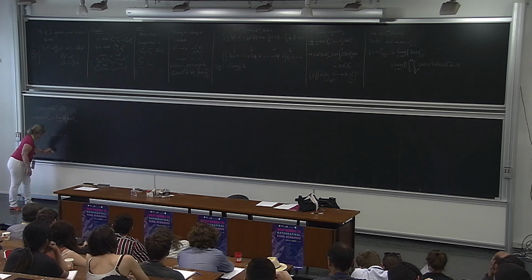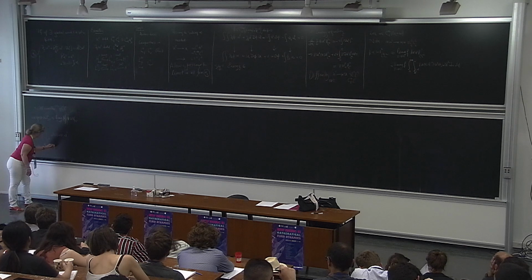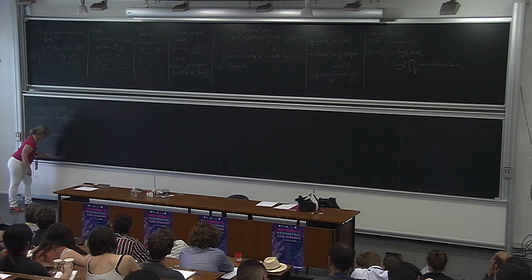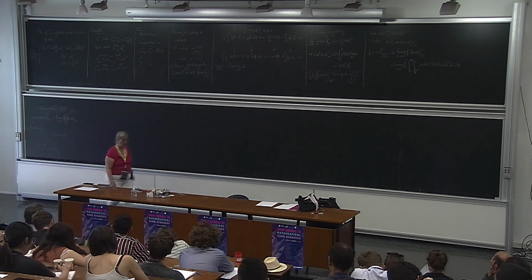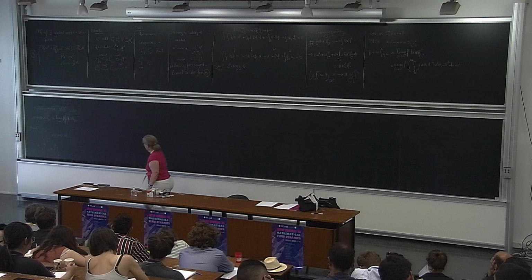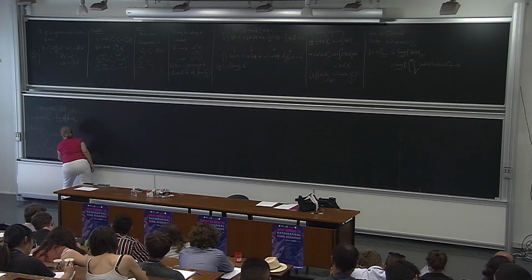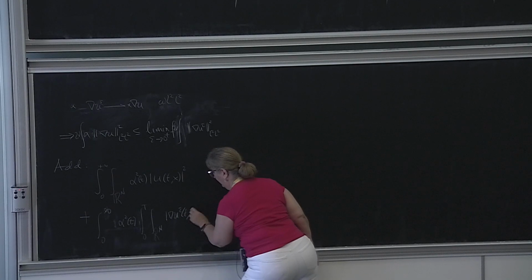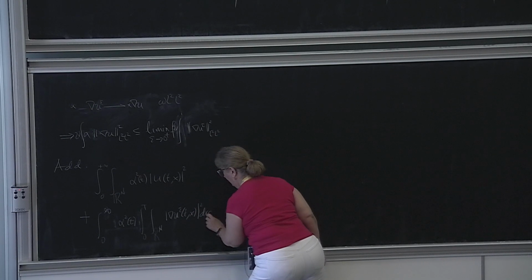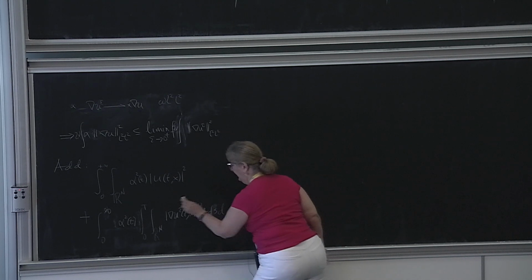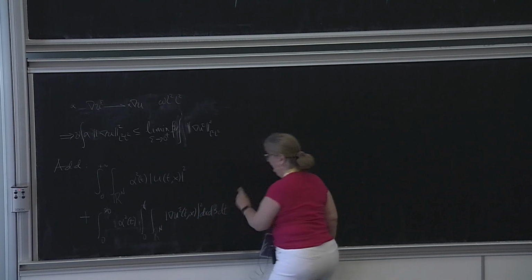So now it's this times the integral from 0 to some capital T of the integral in space of the gradient of u epsilon. This is supposed to be some ds, and this will be dt.